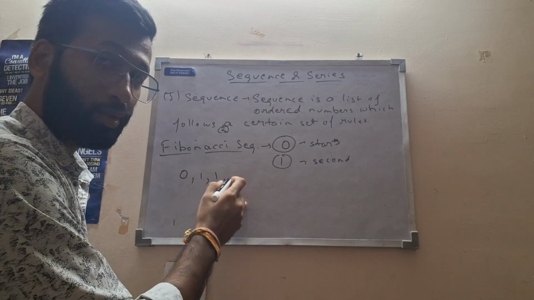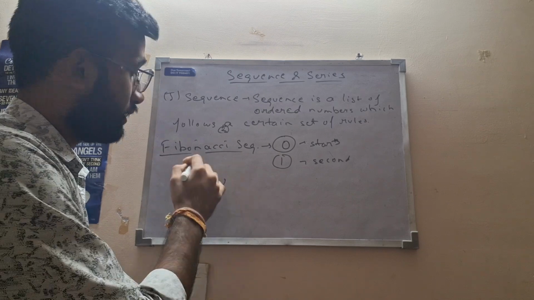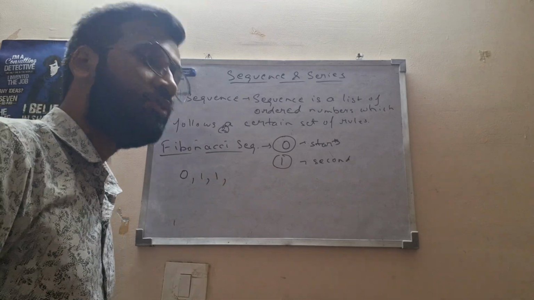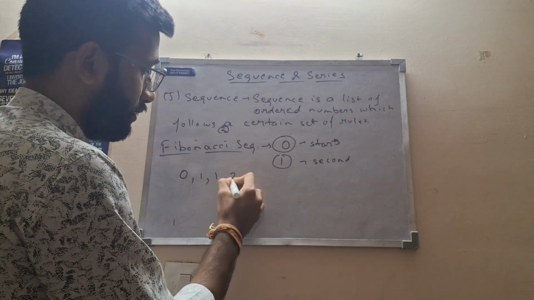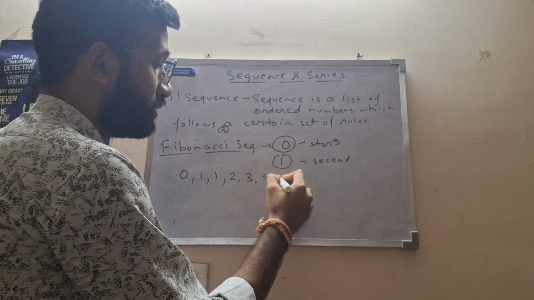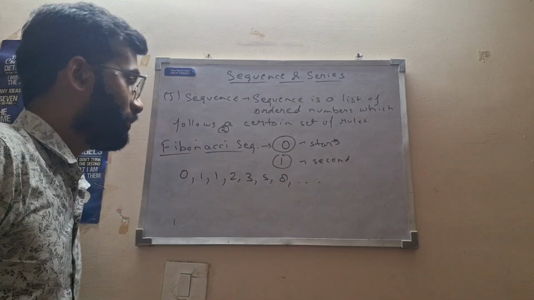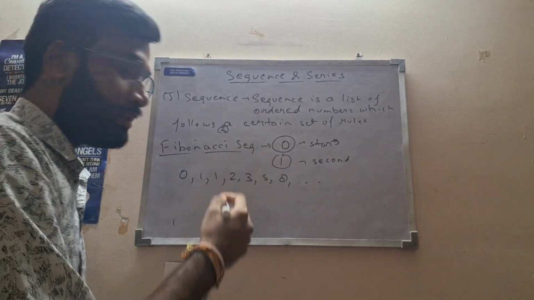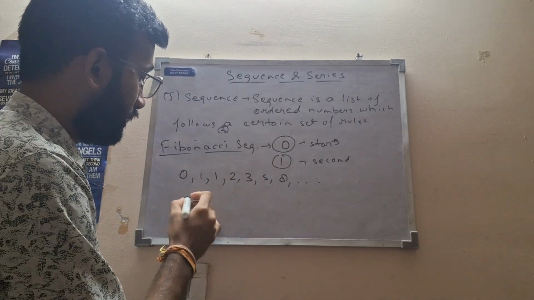Now the fourth number must be the sum of the second and third number, that is, the current number must be the sum of its previous two numbers, like 2 plus 1, 3; 3 plus 2, 5; 5 plus 3, 8, and so on. This is a Fibonacci sequence. So what is the pattern it is following?